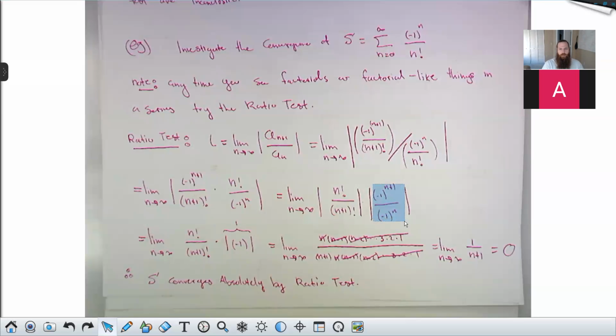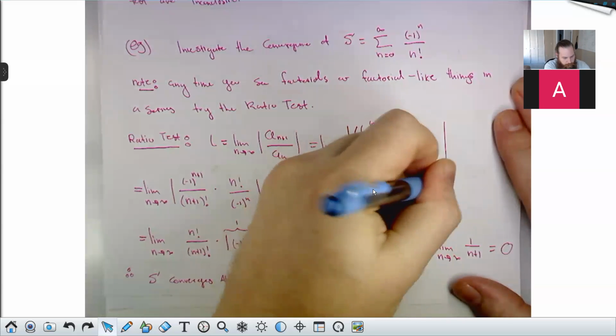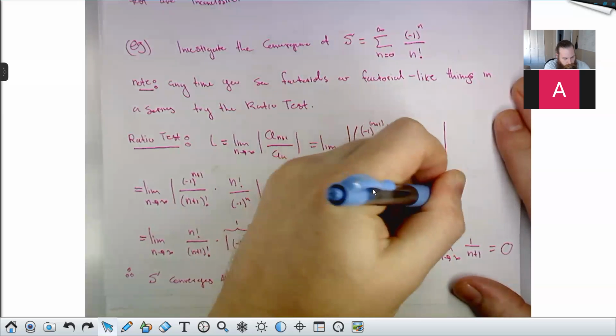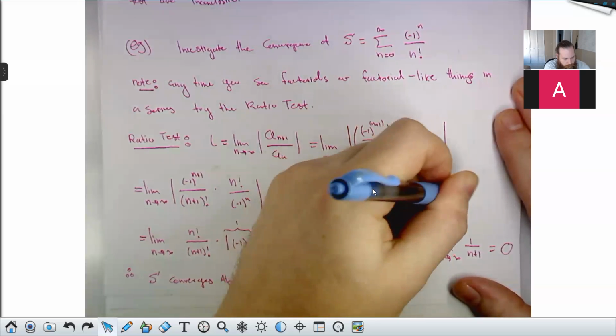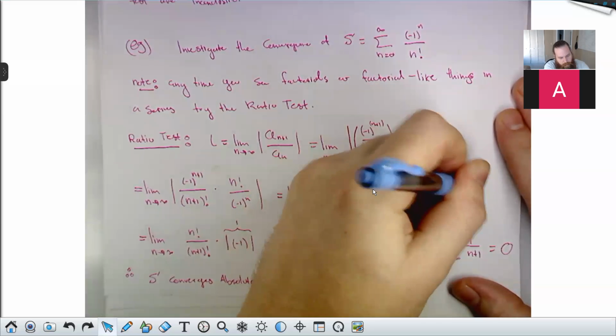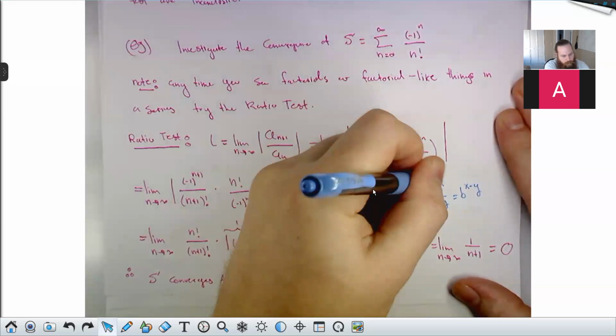Does everybody know what I did to get from here to here? I subtracted the powers, right? Because I'm dividing like bases. The rule I'm using is that b to the x over b to the y is b to the x minus y.